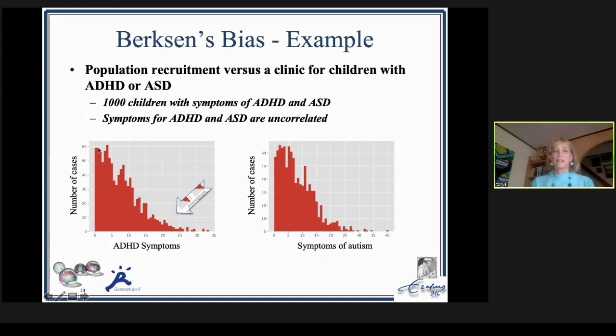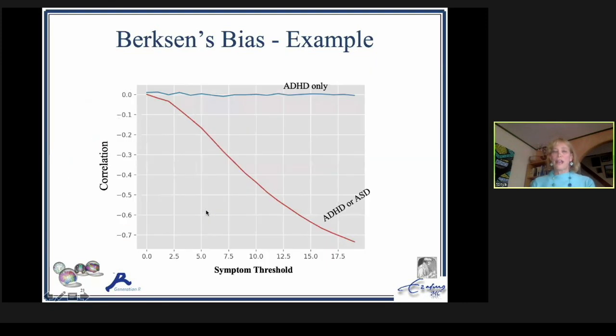People don't come to the clinic if they have no symptoms. So what I do is I say either you have ADHD symptoms or autistic symptoms, and then you come to the clinic, starting with the general population. And then you look at the correlation, and you can see in this simulation that this is the threshold. So 0 means I include everyone in the entire population, and I did 50 iterations for each symptom threshold.